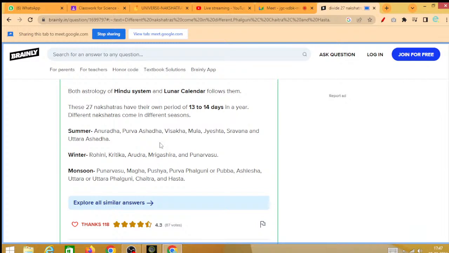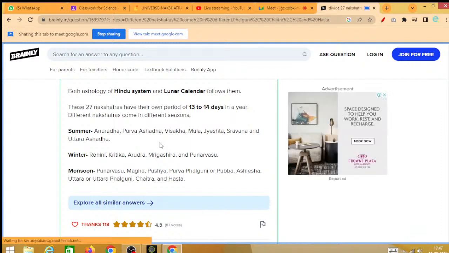Then Jyeshtha, have they given it anywhere? Yeah, that is also summer. Jyeshtha is also May. Then Ashadh. Ashadh is also summer, June.